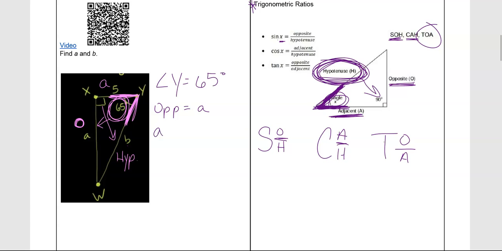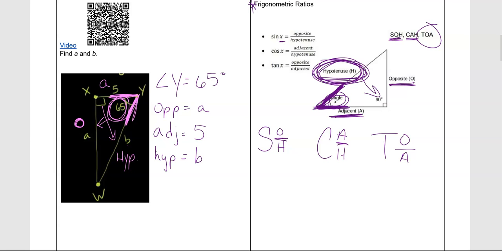Our adjacent side is 5, and our hypotenuse is B. So I don't really like that they used B there with the hypotenuse because we never use B as the hypotenuse. But that's what they gave us, so that's what we're going to work with right now. So I apologize for the confusion there. If it makes you more comfortable, cross out that B and just label it H, okay?